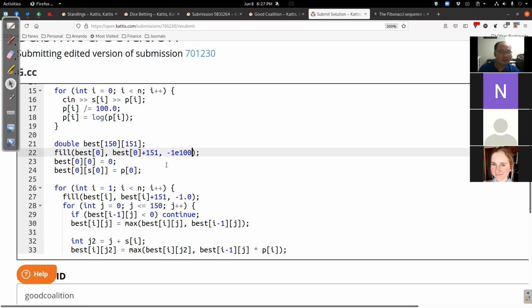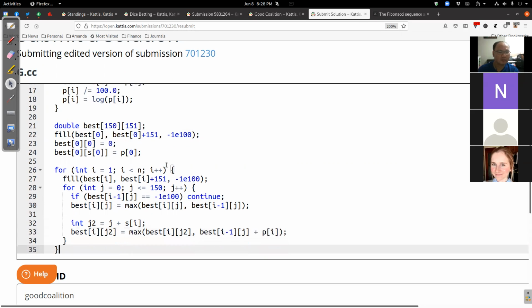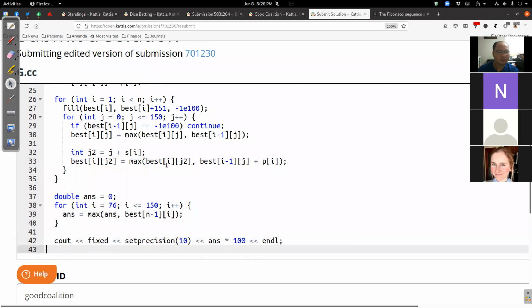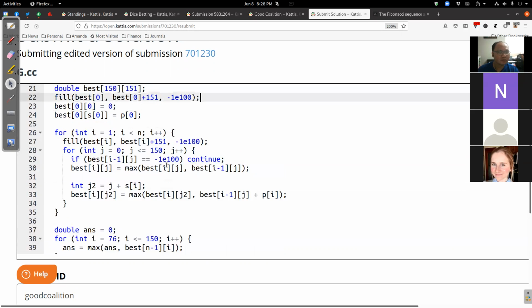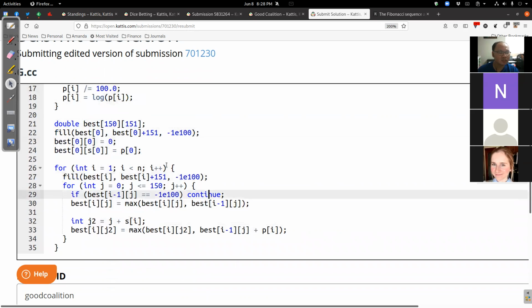Something really big negative. And then here I just add, and then here I need to exponentiate back.